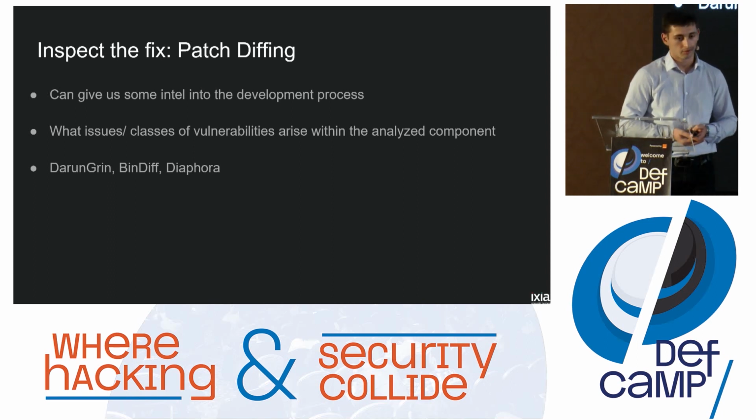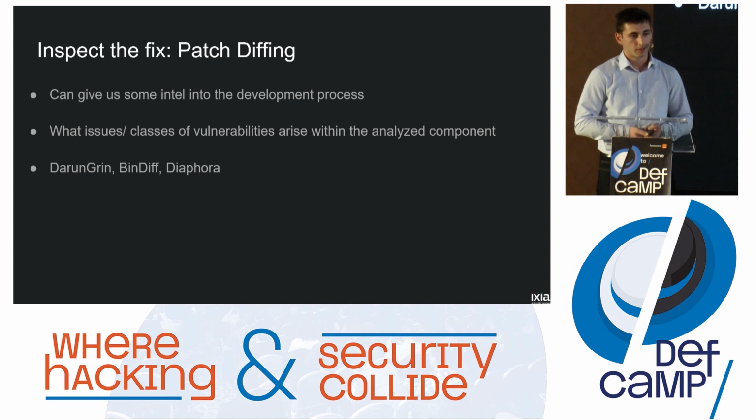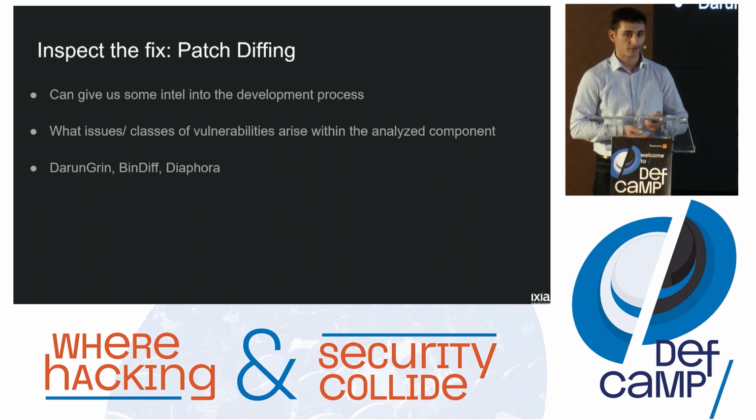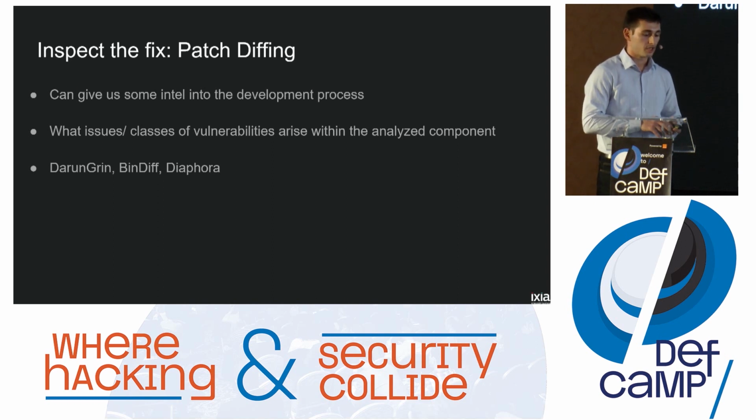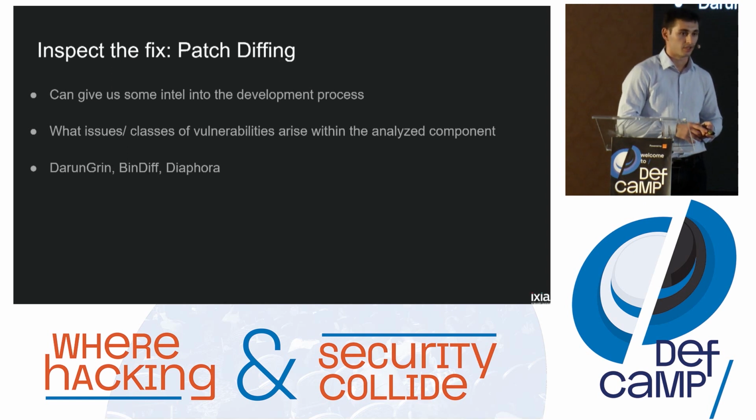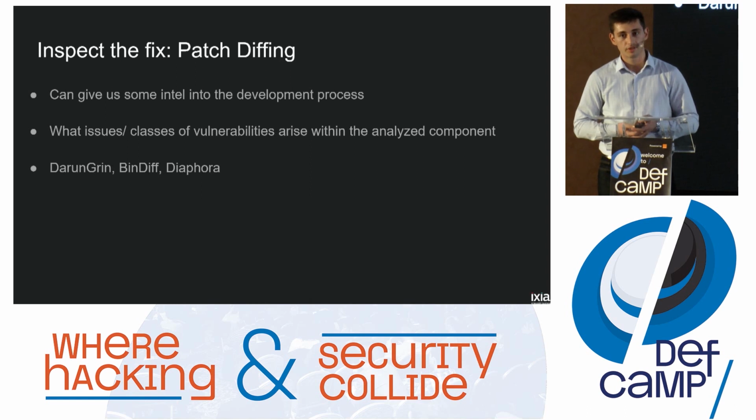So it's a very useful tool, because not only can you inspect the patch, but if you look at the target enough time, then you can gain insights about where the critical locations within that application are, where the problems arise. And also, how the development team targets and deals with these kinds of issues. So a lot of people are using BinDiff to look at a lot of applications for a larger amount of time.